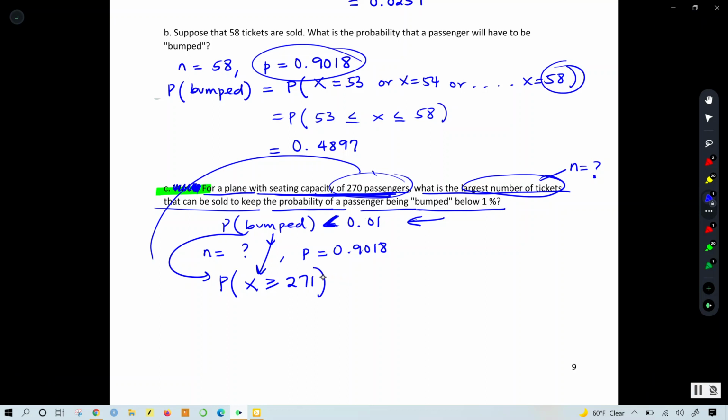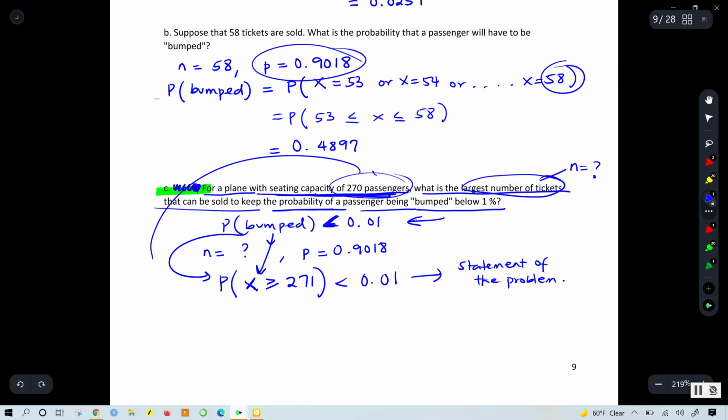So we want to find the probability of x greater than or equal to 271 being less than 1%. That is the statement of the problem in this case. And with that said, it might be time to do a little bit of trial and error for the values of n.